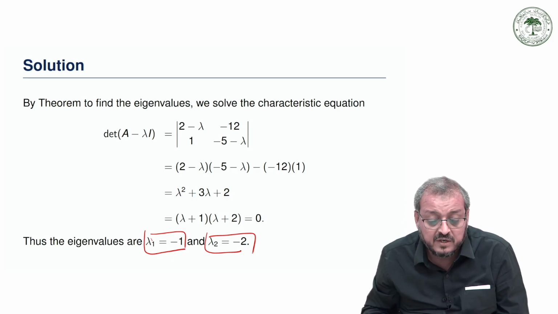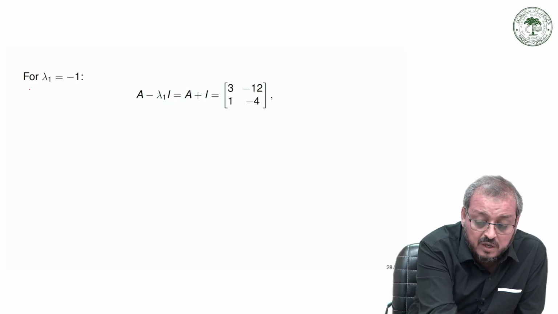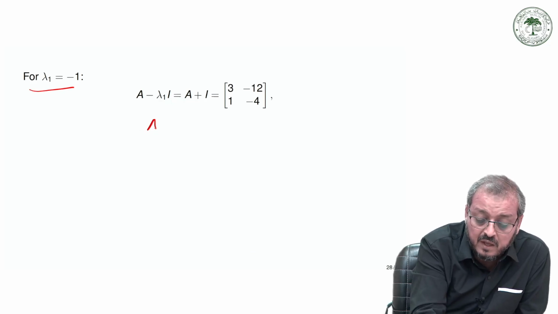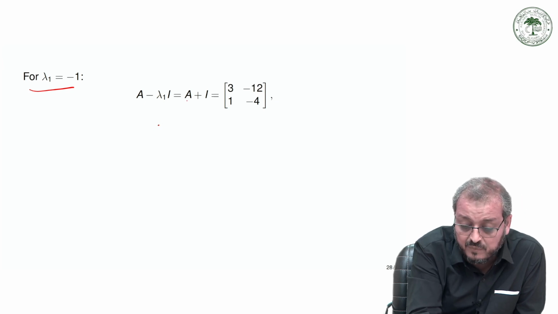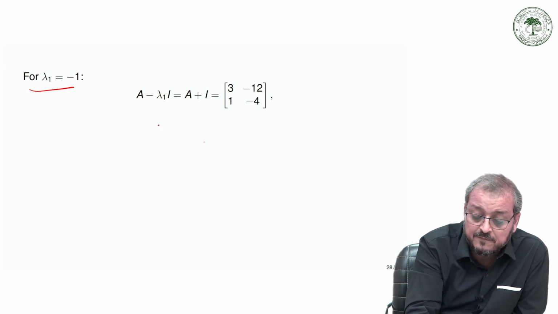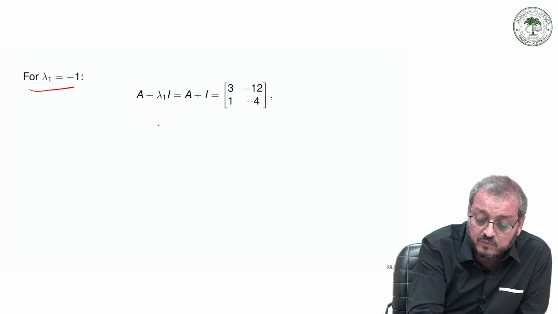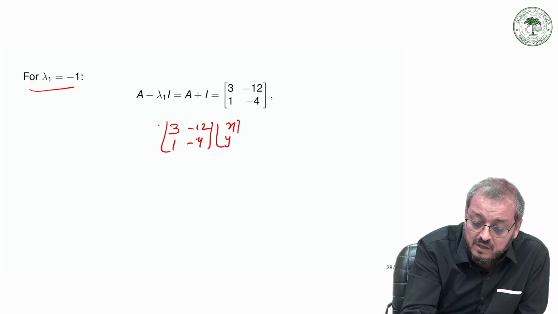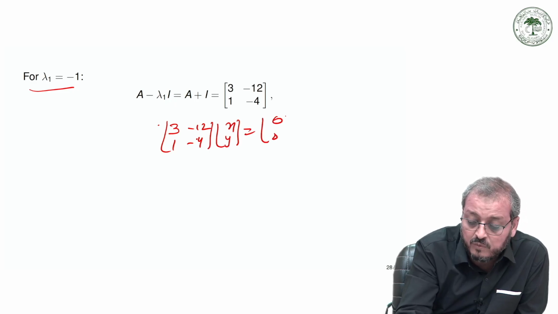And now we can find the eigenvector corresponding to lambda 1, so lambda 1 is equal to minus 1. We have to solve the system of equations A minus lambda 1 I, which gives the matrix 3, minus 12, 1, minus 4 times x, y equal to 0, 0.